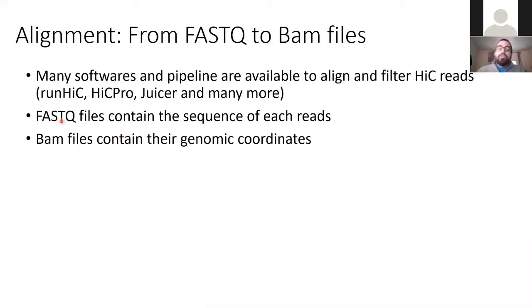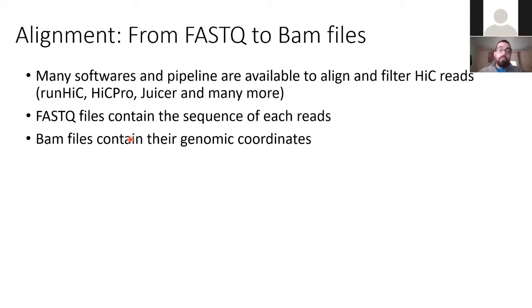When you sequence, the sequencing facility is going to give you text files that are the FASTQ files, which are basically just a list of the ATCGs found on your reads, on one end and the other end. Then you're going to need to turn them into BAM files, which are files where these reads are aligned on the genome.